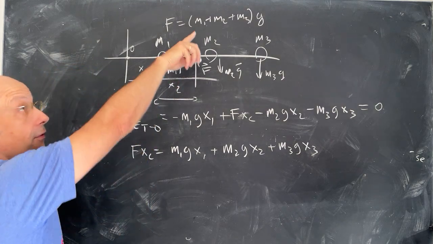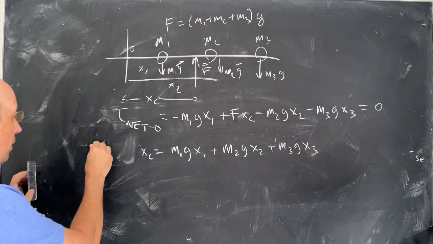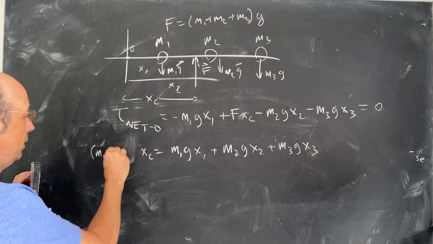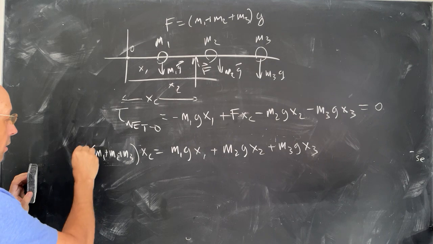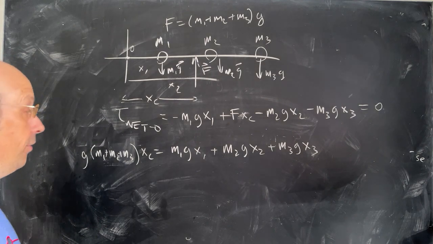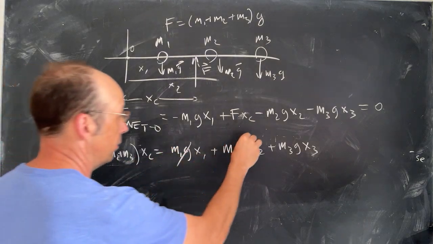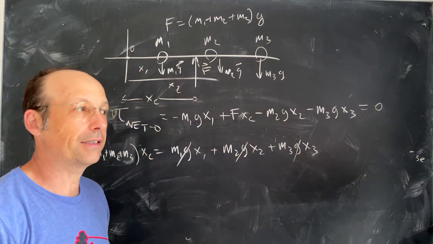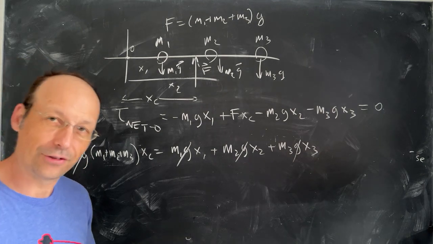Now remember F is that, so I'm just going to put that in there: (m1 plus m2 plus m3) times g. Now, the g is in every single term, so cancel, cancel, cancel, cancel. The center of mass, the center of gravity, does not depend on g. It's kind of interesting, right?